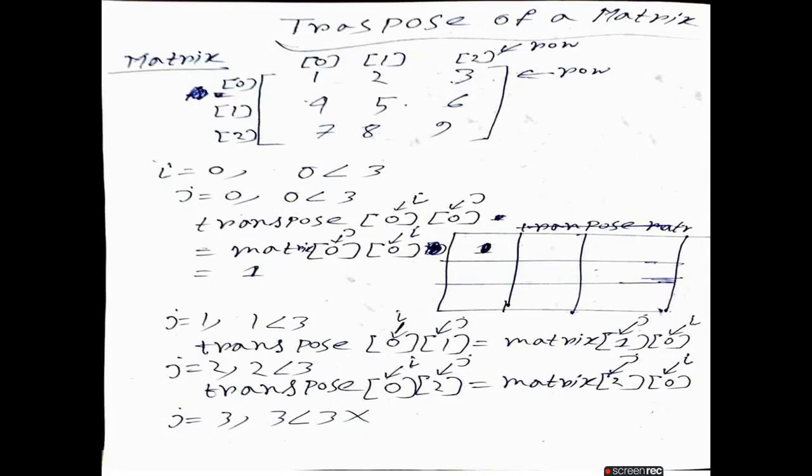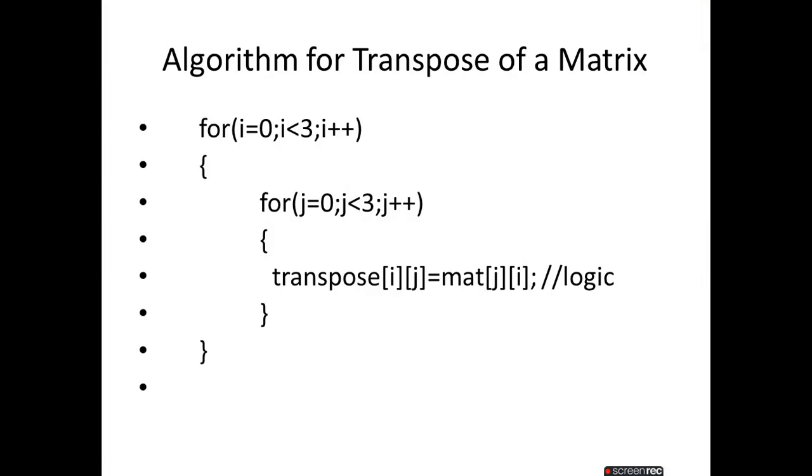I will explain by tracing this algorithm, so it is clearer how it works. I will trace this algorithm, then show you the source code and the output, and then we will check whether our tracing result matches our output or not.